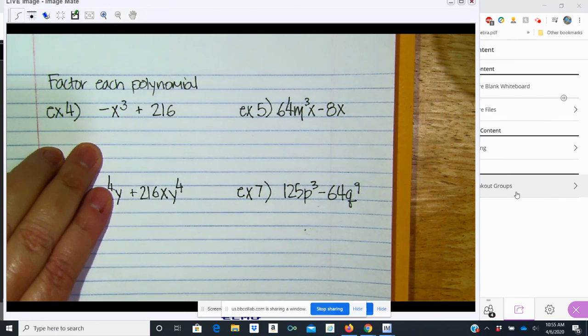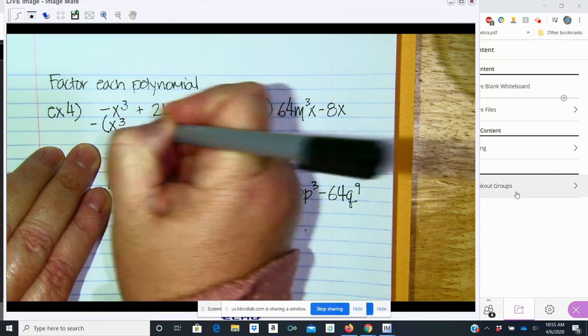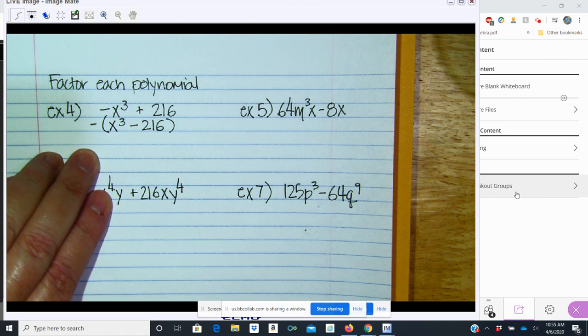So the first thing we're going to do is pull that negative out. Whenever it leads with negative, they want you to pull that negative out first. So we're going to go ahead and do that.